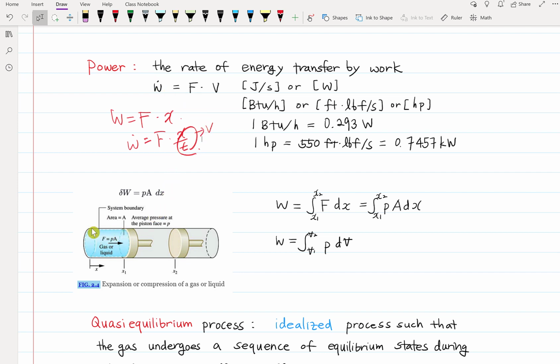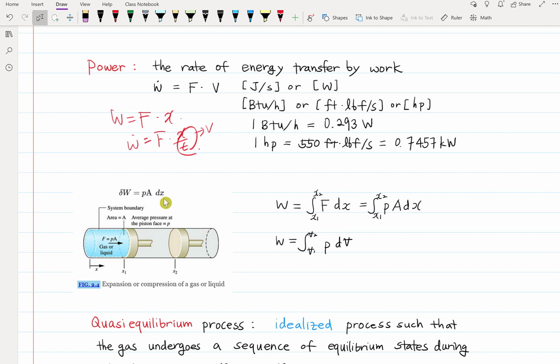So here is a system boundary containing gas or liquid. The pressure of the gas pushes the piston. The piston moves from position x1 to x2. The work by a piston cylinder system is given by pressure times A, which is the force by the gas, times the distance dx.